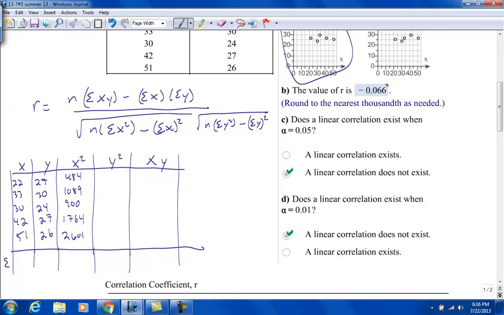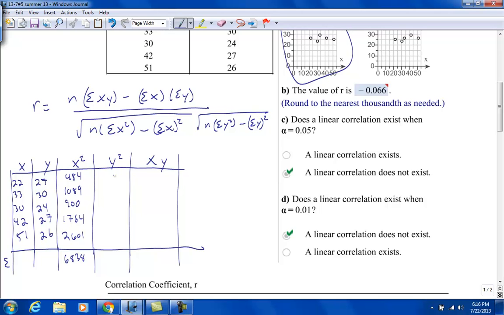I'm just going to add those up while I'm at it. So 484 plus 1089 plus the 900 plus 1764 plus 2601. And that gives me the x squared added up to be 6838.